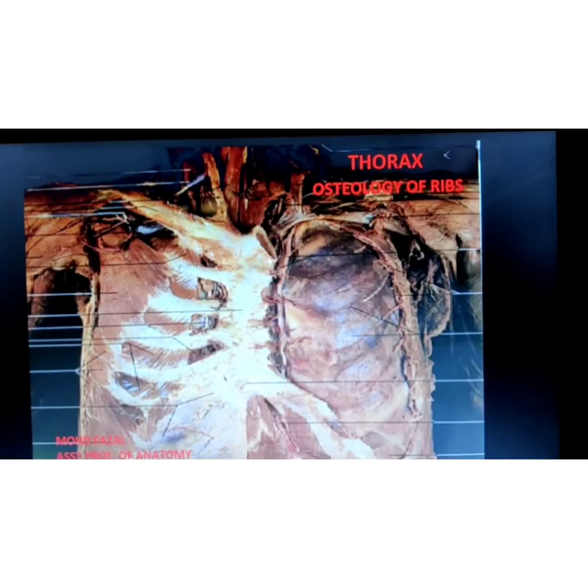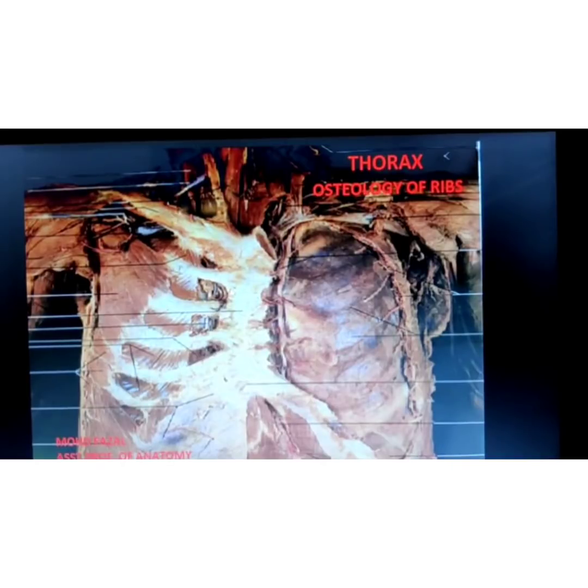Number 2, the movements of the thorax are primarily concerned with increasing or decreasing intrathoracic volume, so that the air is drawn inside the lungs, which is known as inspiration, and expelled from these respiratory passages, which is known as the expiration.